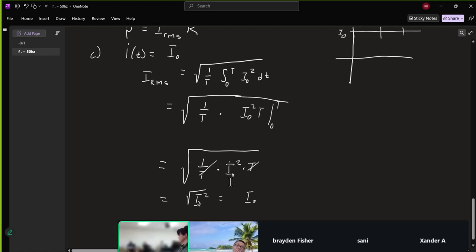That makes sense because the root mean square is a kind of average, and a constant function shouldn't have any average other than itself. What is I naught again? It's just a number. It's just a constant.